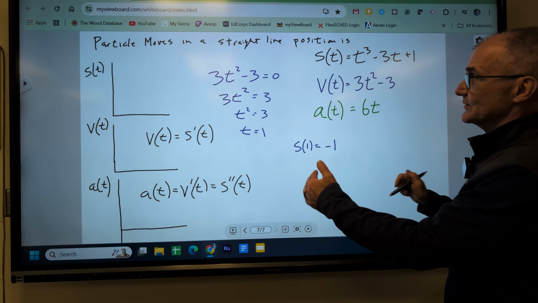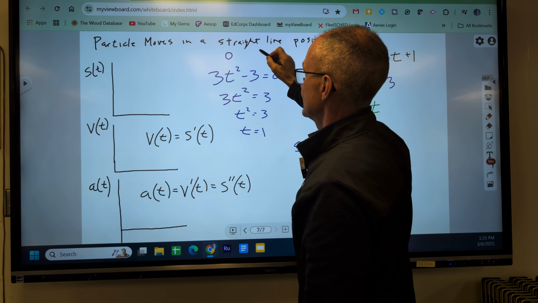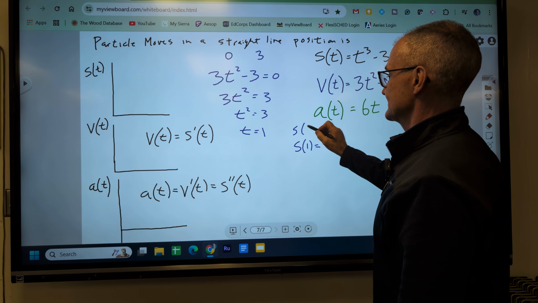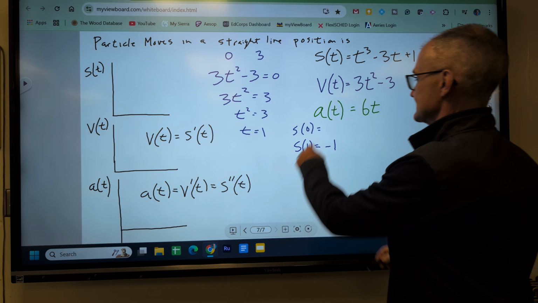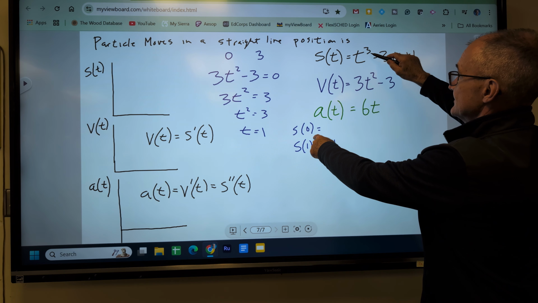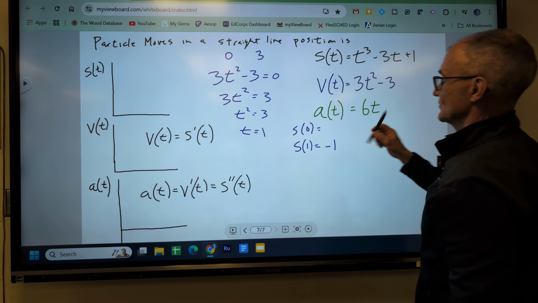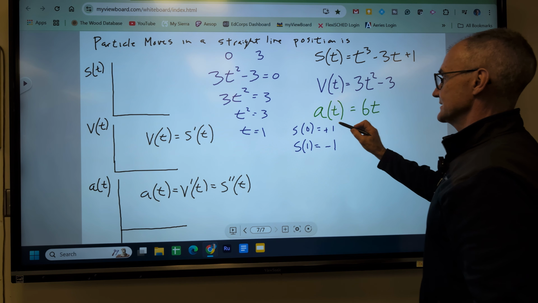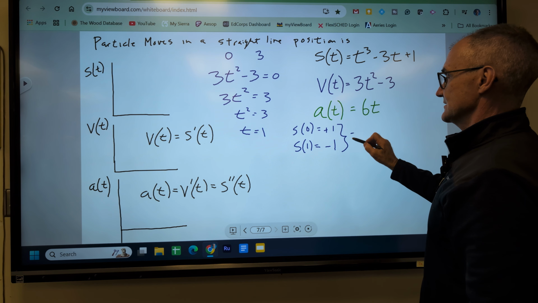We're looking at the parameters between 0 and 3. So what happens between s of 0 and s of 1, which is negative 1? S of 0 is 0 minus 0 plus 1, so the distance traveled between 0 and 1 is going to be 2.